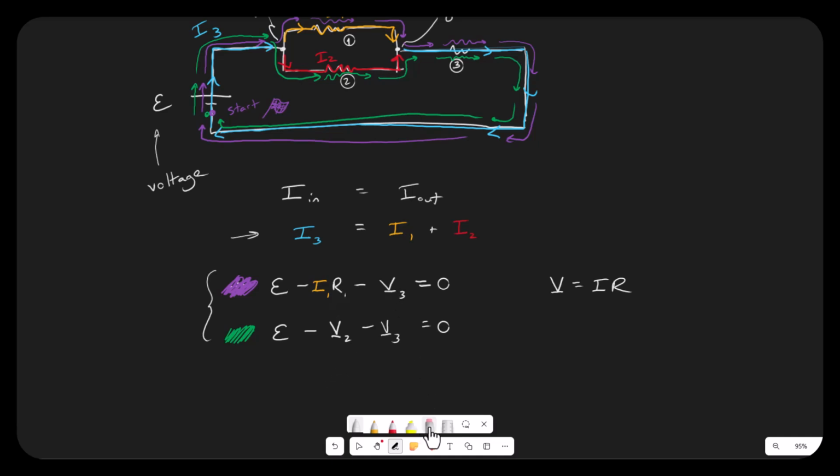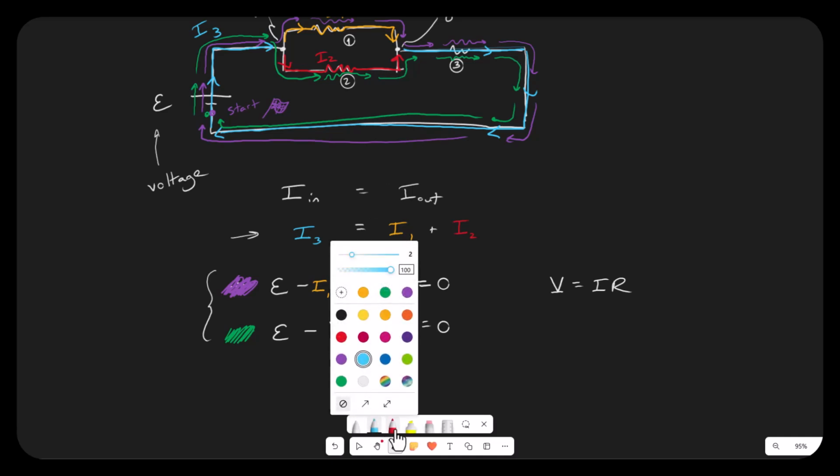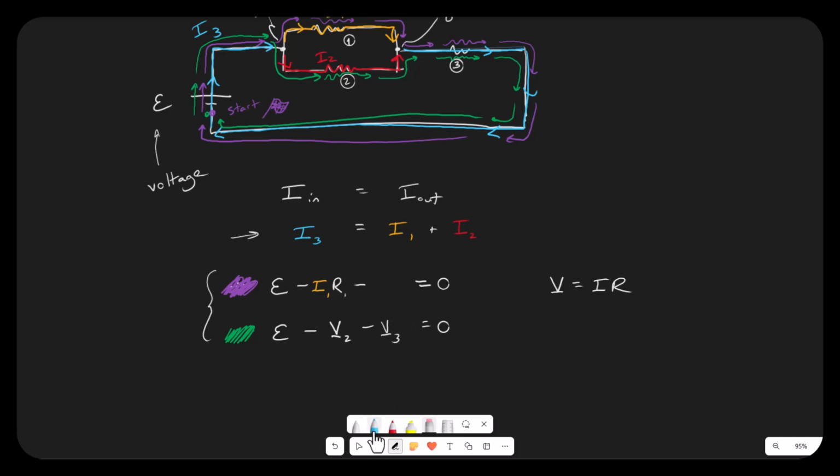Where I've got V3, I did in blue, I'm going to replace this with I3 R3, and here it is again, I3 R3, and here's V2. That one I did in red. I2 R2. I have now 3 total equations with 3 unknowns.